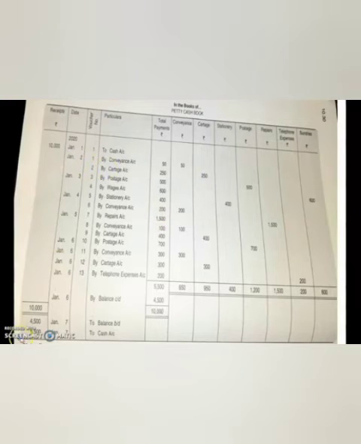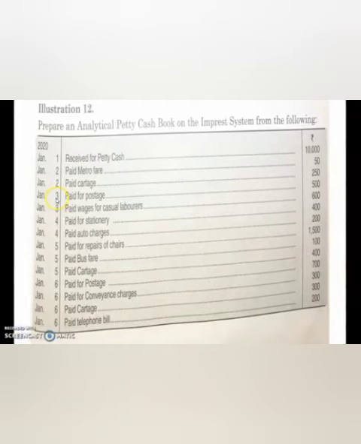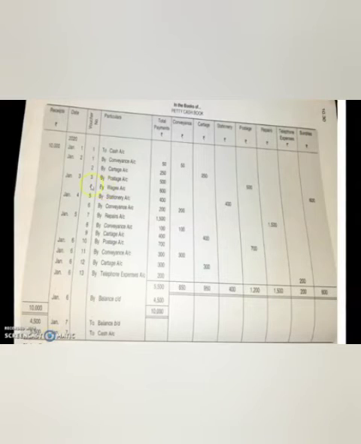Now next item, let us see. On January 3, again two items are there. Paid for postage 500 and paid wages for casual laborers 600. So one is wages and the other one is postage. So again these two should be shown under separate headings. So January 3, let us post this item. You can write down here January 3.